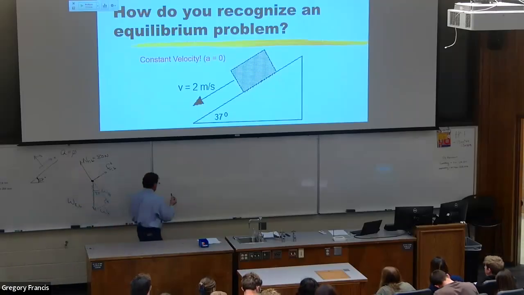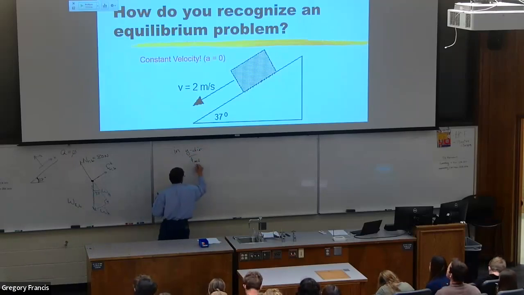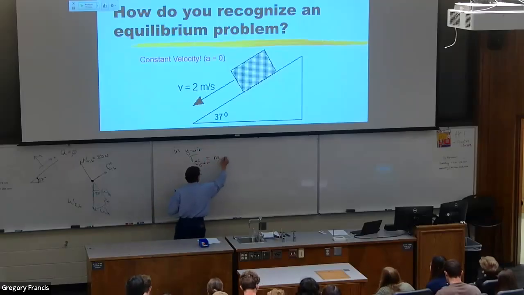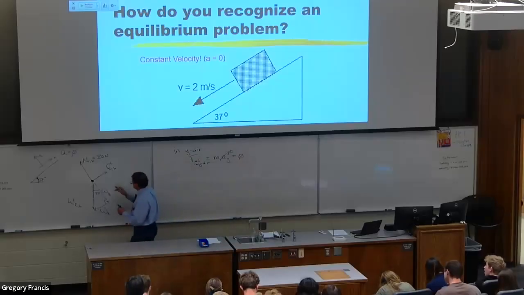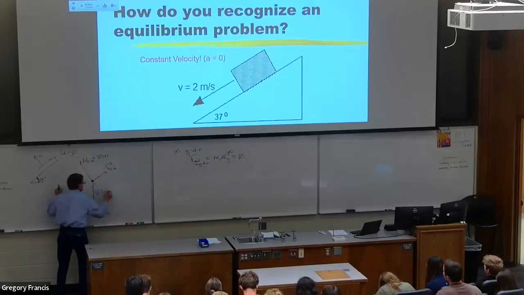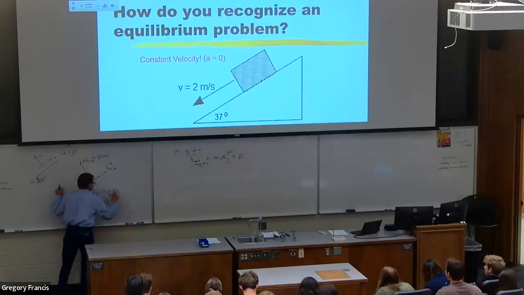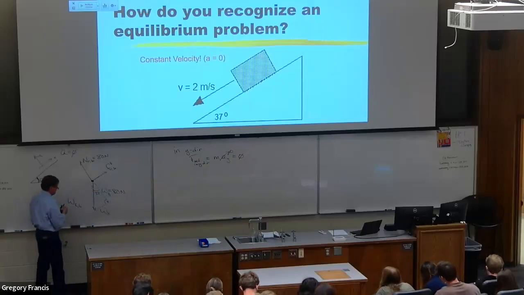That means in the Y direction, F net in the Y direction is equal to MAY, and that's 0. So the net force is 0. And that means this 80 newtons in the positive Y direction has to be balanced by this Y part of the weight. So this must also be 80 newtons.